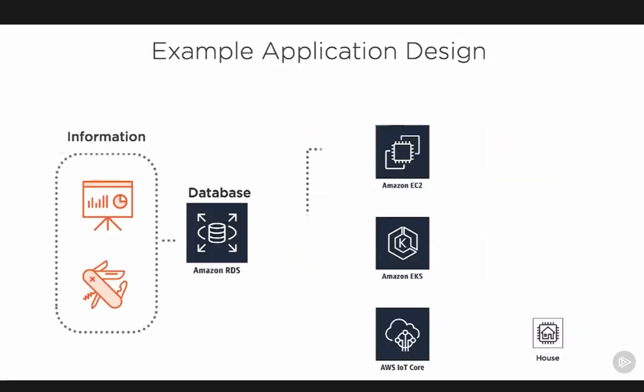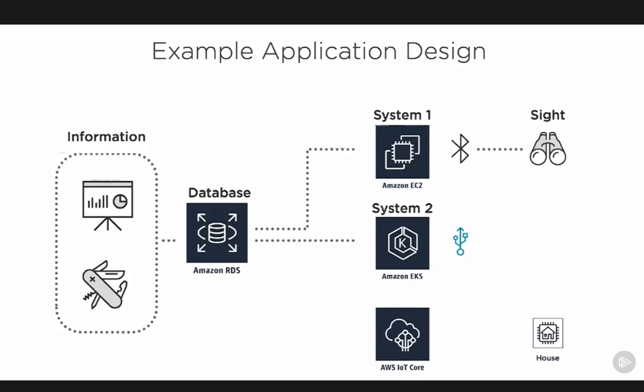Now, to give you an idea of how this all comes together, here's an example application design where we have a backend database. And in this particular case, I'm defining the database to be in Amazon RDS, or Relational Database Service, which is Amazon's platform as a service for MySQL, SQL Server, and others, for you to be able to remove the management and maintenance of the database's operating system and database's software, but still provide database functionality.